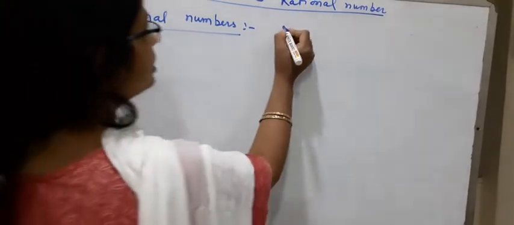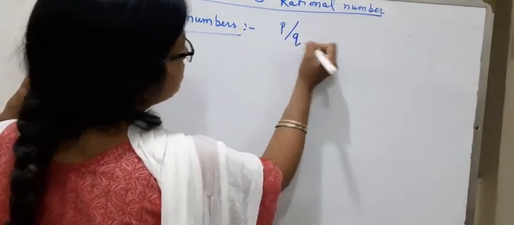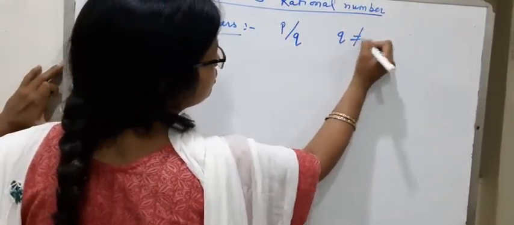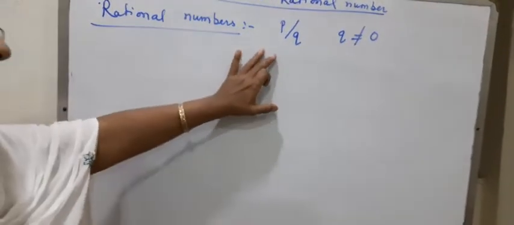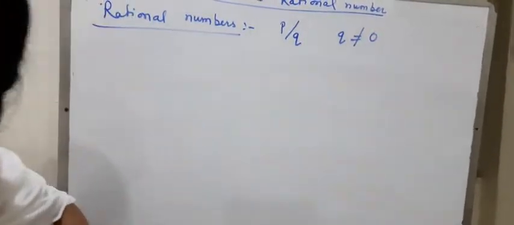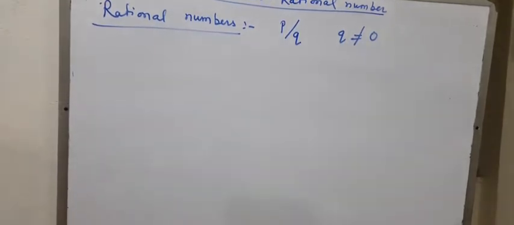Next topic is rational number. Rational numbers we represent by p by q, where q is not equal to 0. A rational number is a fraction, where q is not equal to 0. Write the definition of rational number.